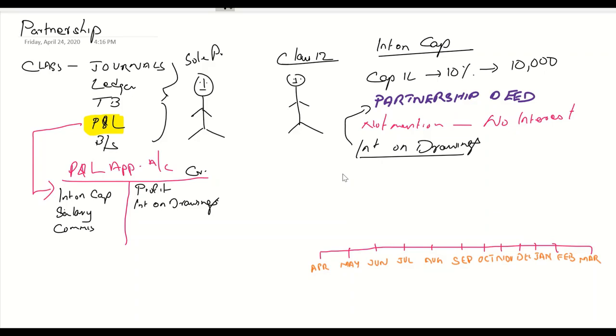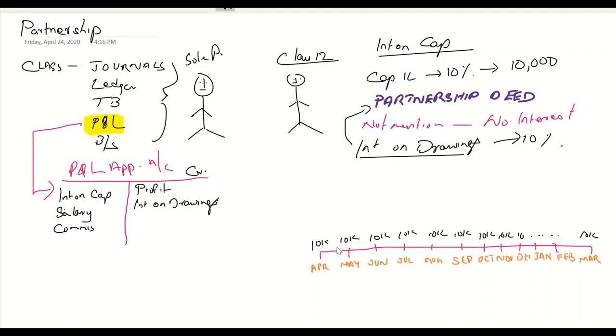Now, if it is mentioned in the partnership deed that interest on drawings is 10%, then how will you calculate interest on drawings? First scenario: the partner is withdrawing 10k every month, so every month from April, May, June, July, he is withdrawing 10k each, and until March he has withdrawn 10k.